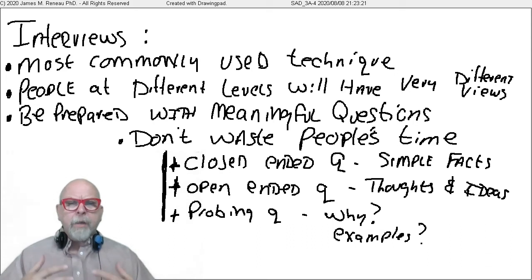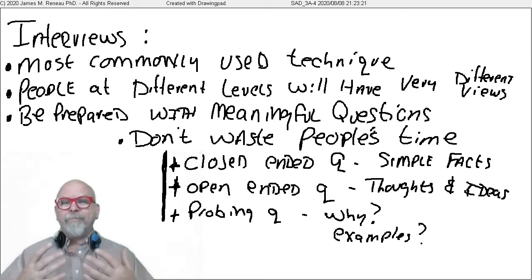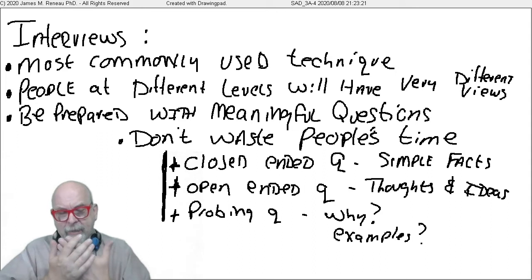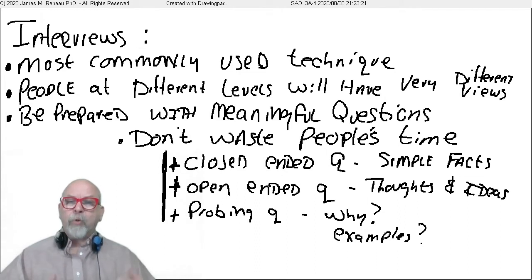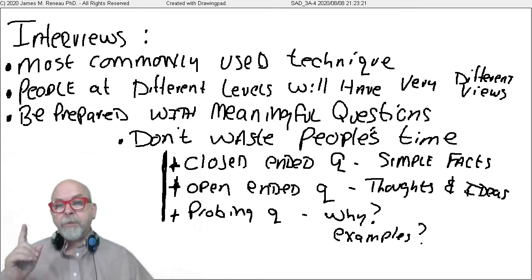But will there be some reluctance to tell you things? And the answer is yes. You're going to need to be open. You're going to need to be honest. You're going to need to be personable. You're going to need every skill that you have to be able to do good interviews.